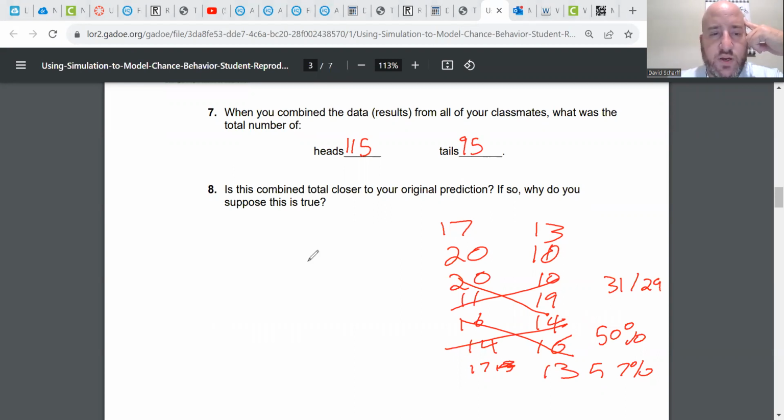So I would do 115 divided by 210, the total. I get 54.76%. So 0.5476, so we can round that up to 55. So this is actually 55% to 45%. So our results came down slightly from 57 and 43 to 55 and 45. So our combined closer did get a little closer to our 50-50 original prediction.